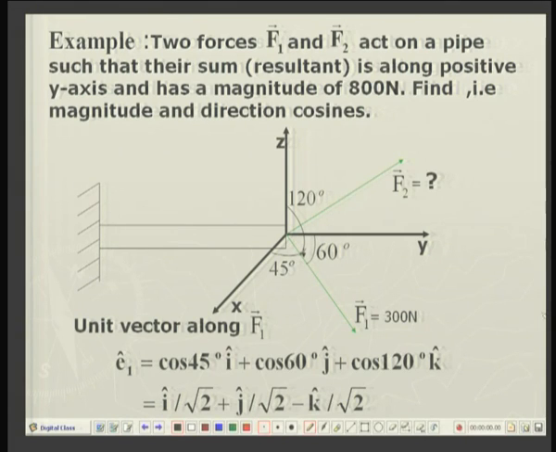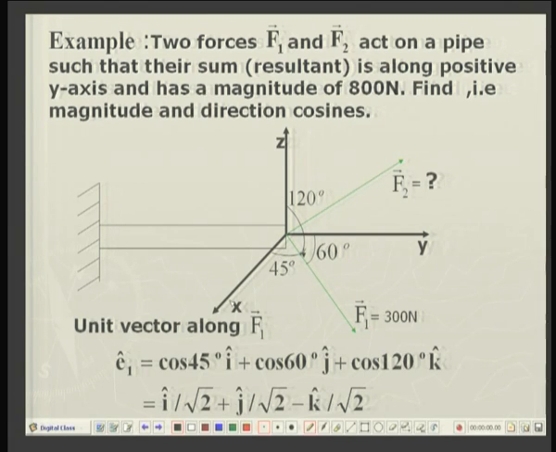F1 is given in magnitude as well as in its orientation. Magnitude is 300 newtons, and orientation is given by three angles which the force vector F1 makes with the x axis, y axis and z axis, namely 45 degrees, 60 degrees and 120 degrees.